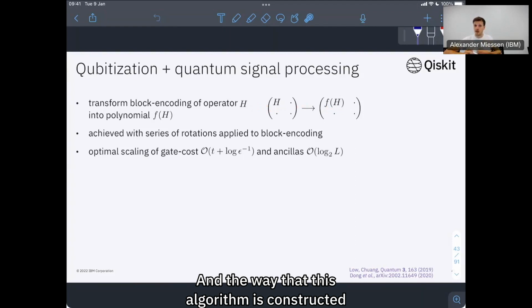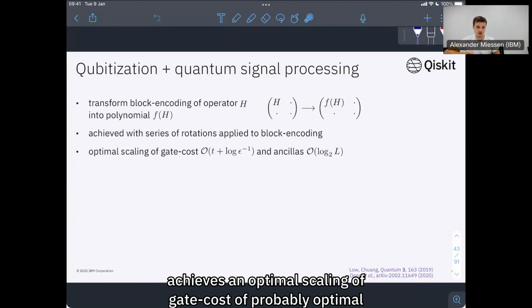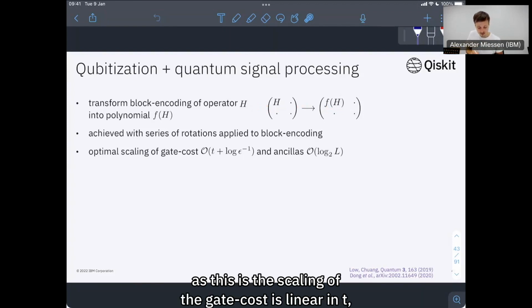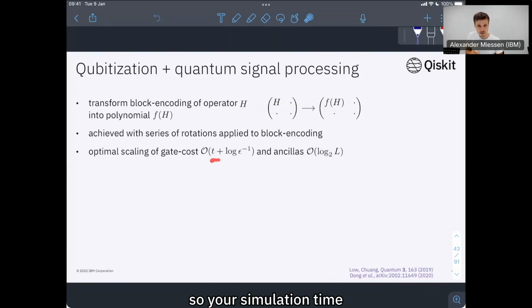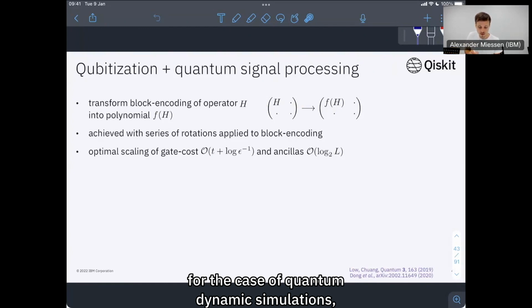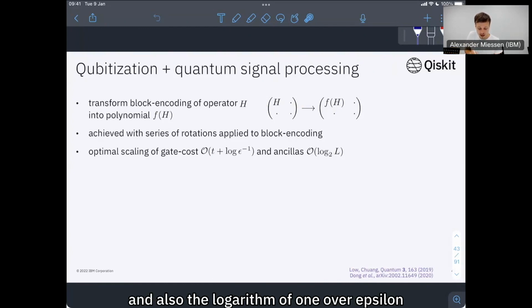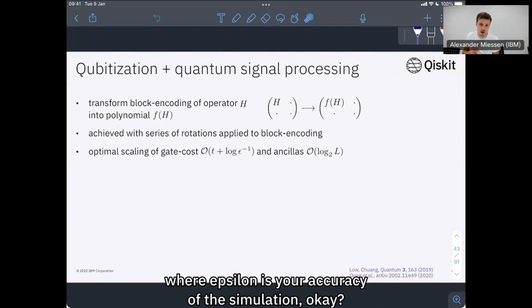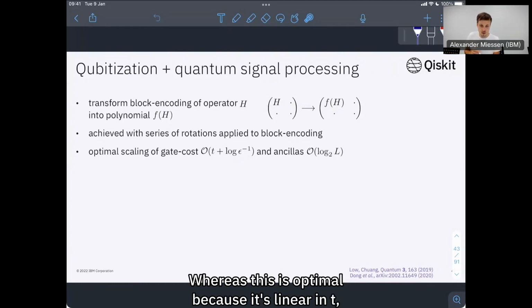And the way that this algorithm is constructed achieves an optimal scaling of gate cost, provably optimal, as the scaling of the gate cost is linear in t, so your simulation time for the case of quantum dynamics simulations, and also the logarithm of 1 over epsilon, where epsilon is your accuracy of the simulation.